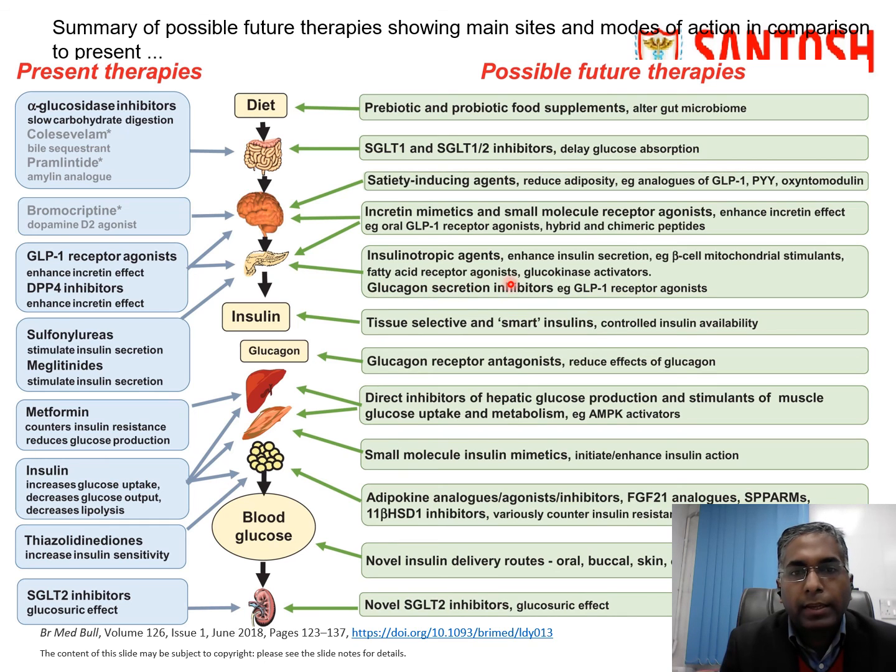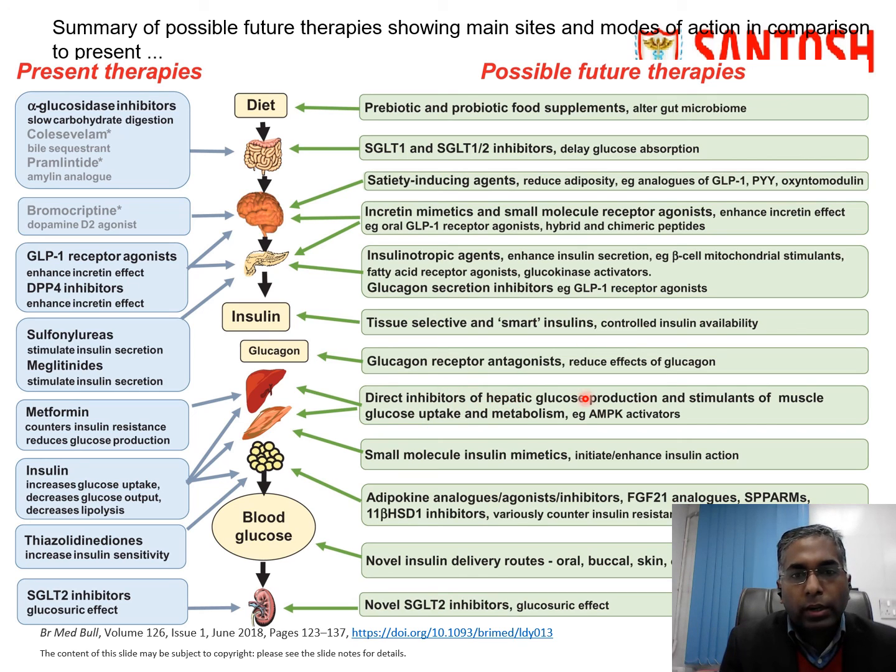Certain insulinotropic agents enhance insulin secretion, for example, beta cell mitochondrial stimulators, fatty acid receptor agonists, glucokinase activators, and glucagon secretion inhibiting agents like GLP-1 receptor agonists are in the pipeline. Tissue selective and smart insulins are under investigation in the pipeline, in which we can have controlled insulin availability.